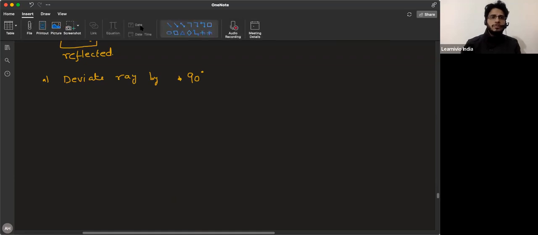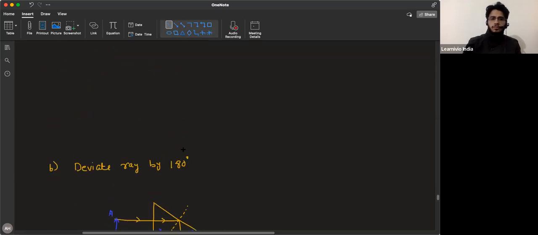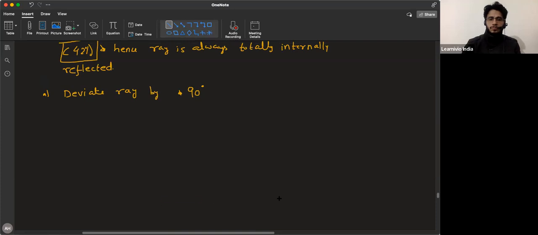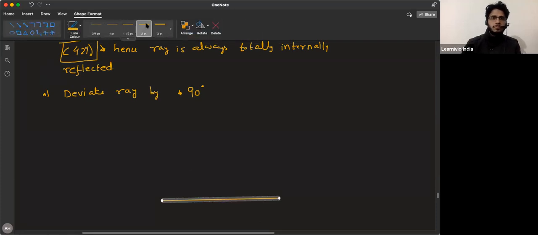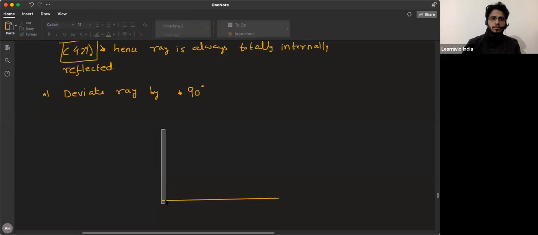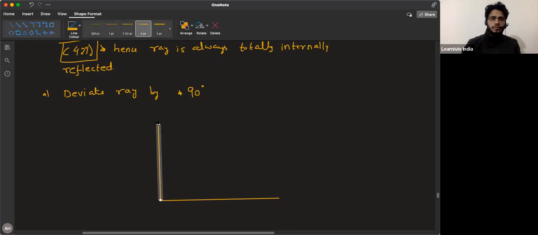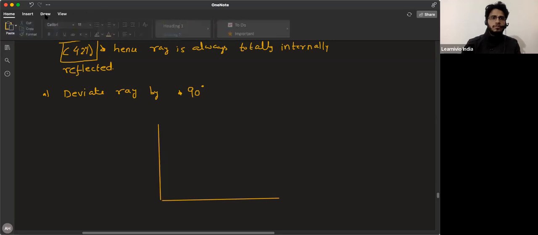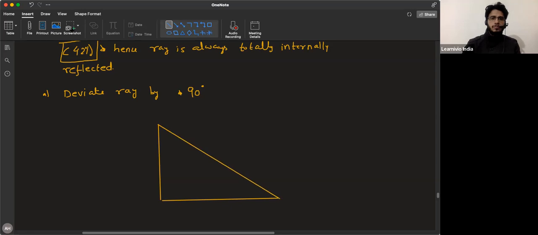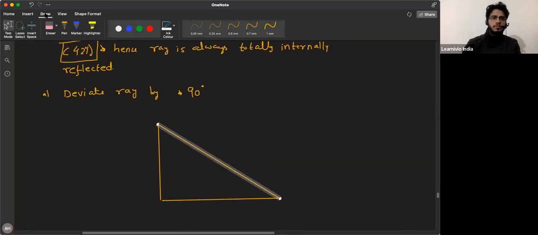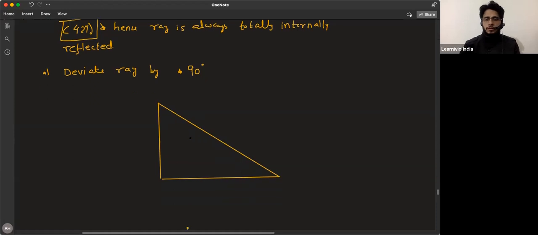So see, this is your prism. So that's your triangle. This is a right angle triangle.